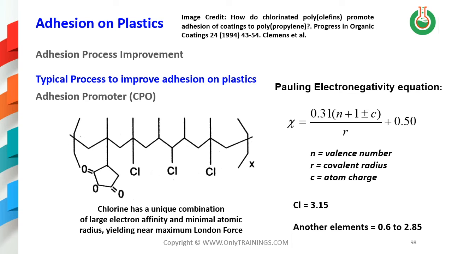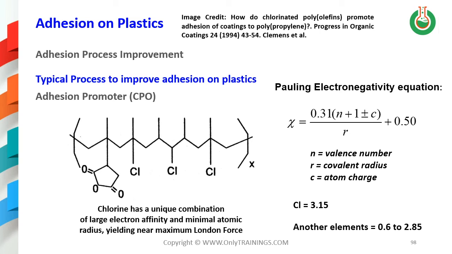And now, the most common way to create a good adhesion on plastics, the CPO. CPO, or chlorinated polyolefin, is a very interesting molecule because you have the chlorine. The chlorine has a unique combination of large electron affinity and minimal atomic radius, yielding near maximum London forces.